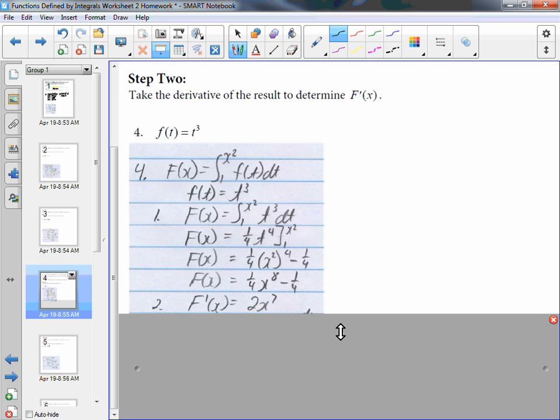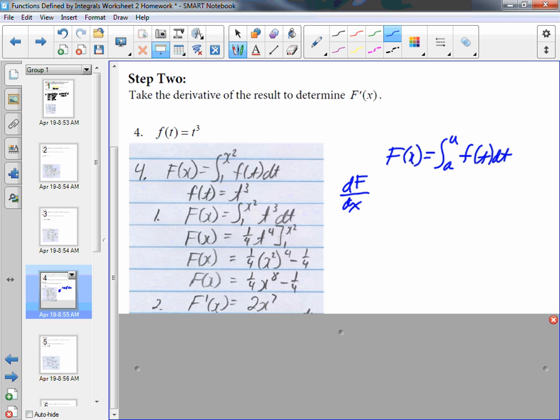Now, remember this, that our second fundamental theorem of calculus says that if capital F of x equals the integral from a to u of f of t dt, then the derivative, and you can write the derivative different ways, right?